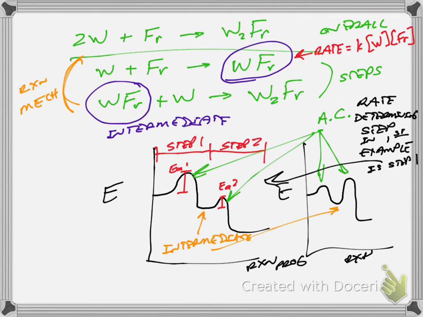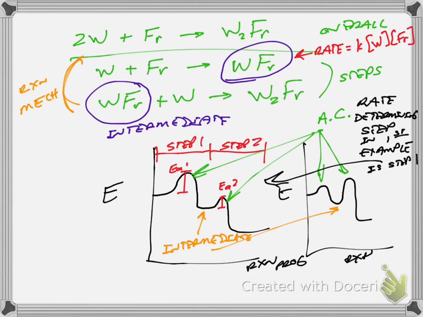All right, so two huge, very important new bits of information today. One, if it's an elementary reaction, then the coefficients give you the reaction orders. Remember, that was not true for the overall reaction. If you have the overall reaction, the coefficients can't tell you anything about the reaction order. We have to determine them experimentally.